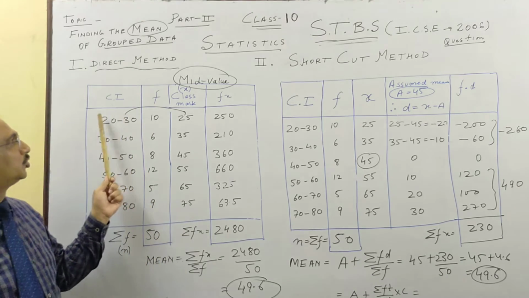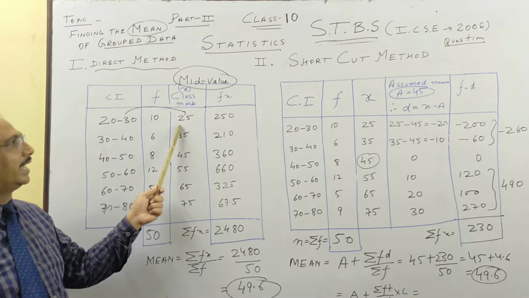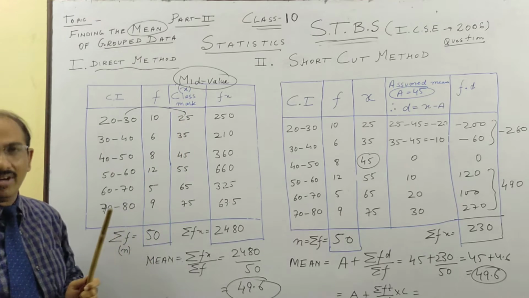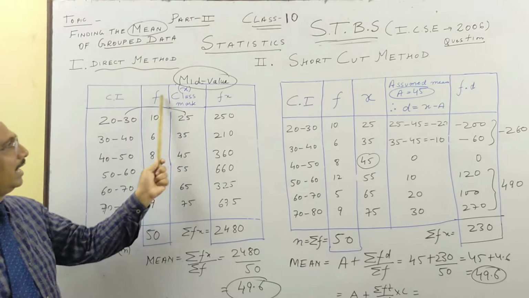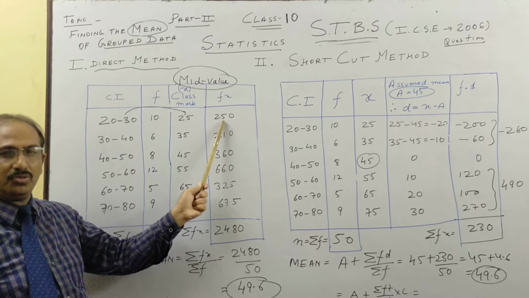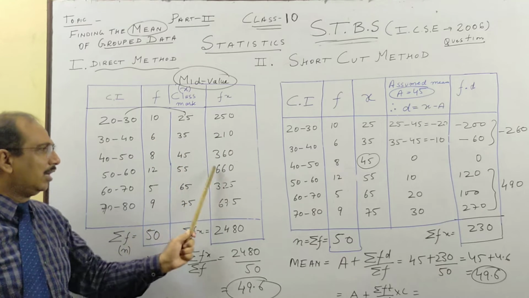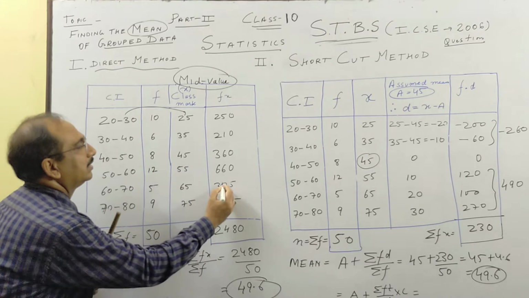So from the class interval we get the class mark, which is the mid value. Now with this class mark x and f we multiply: 10 into 25 is 250, 6 into 35 is 210. Likewise this into this gives you this.